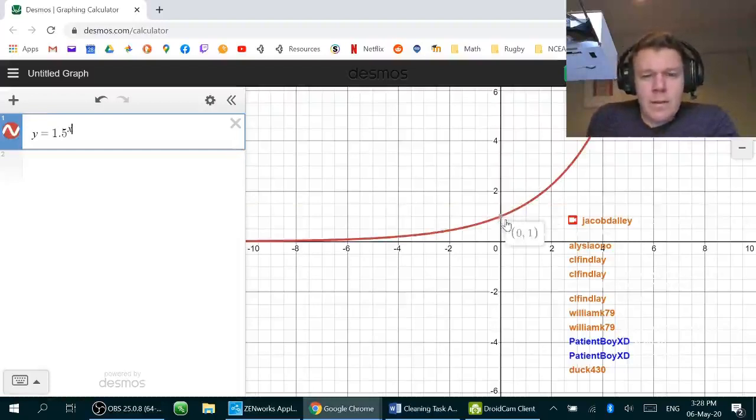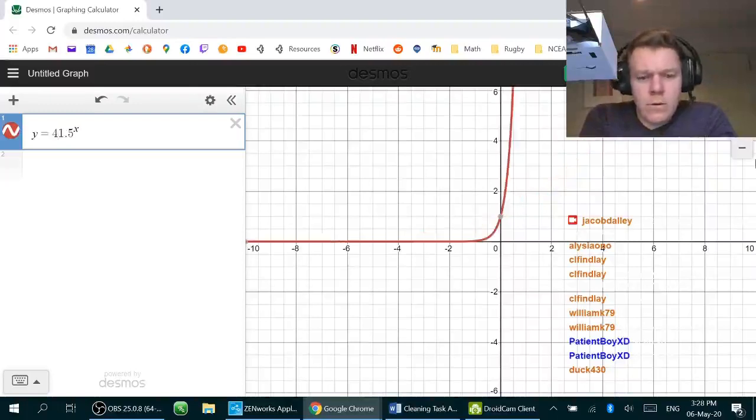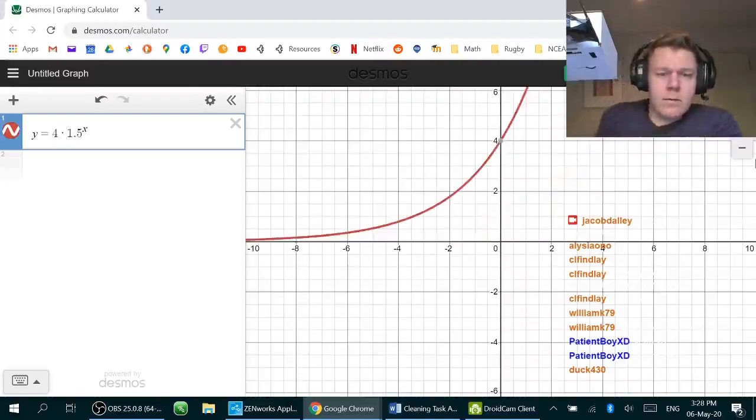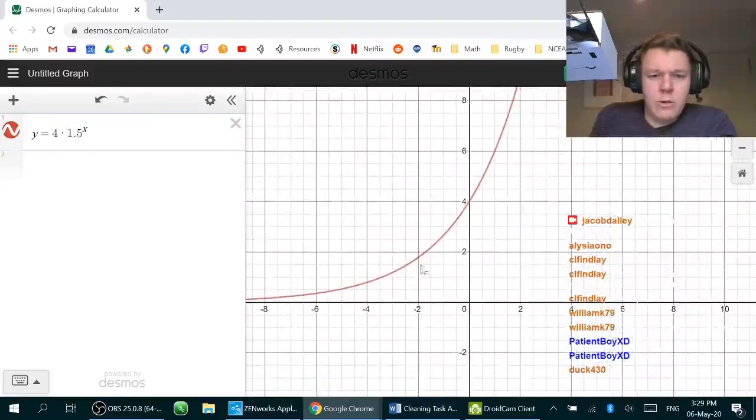Now, what a powerful thing that you can do is, say you want this to go through 4, and so you want your exponential to be multiplied by 4. So if you go 4, shift 8, which is the multiply asterisk, now your exponential goes through 4.